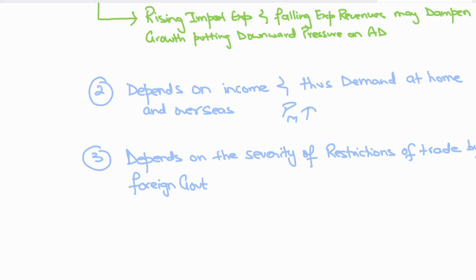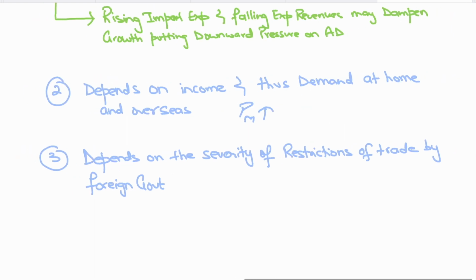And it also depends on the severity of the restrictions of trade that have been imposed by foreign governments and foreign nations. For example, if foreign governments have strict controls restricting the quantity of domestic exports entering their country, because our exports are imports for them, right? If they have very strict restrictions on imports, a weak exchange rate may do little to increase the overall revenue brought in by exports.